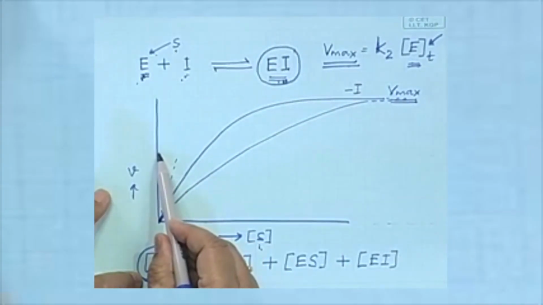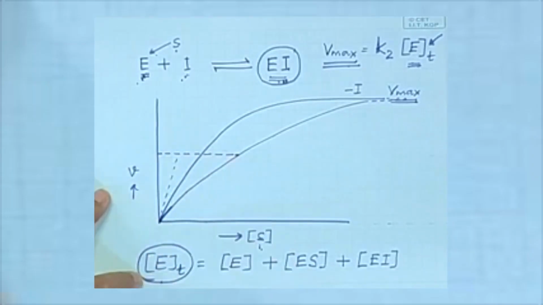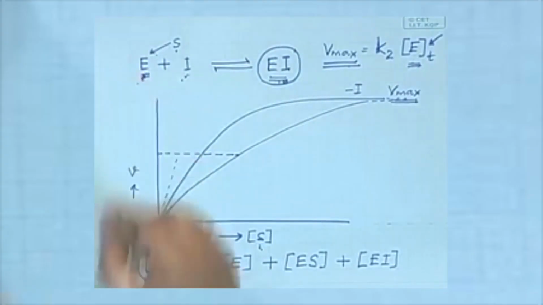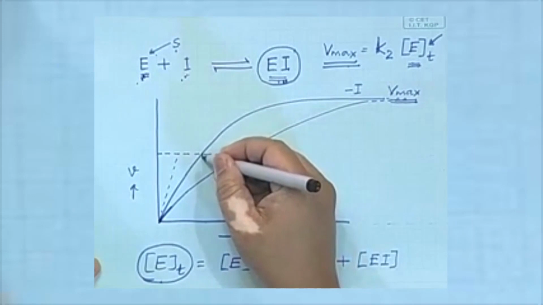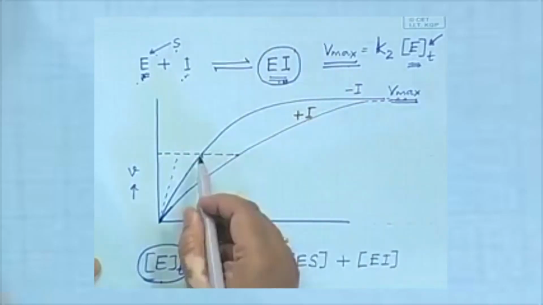What is going to happen to my Km? What is my Km? I go to half of Vmax, which is approximately this point here. This is my Km value without the inhibitor.